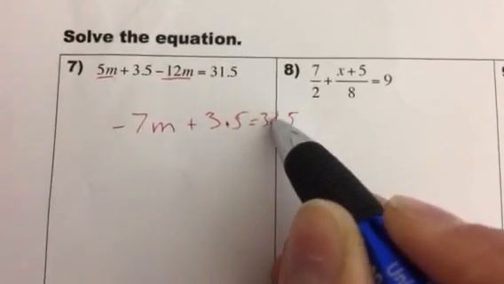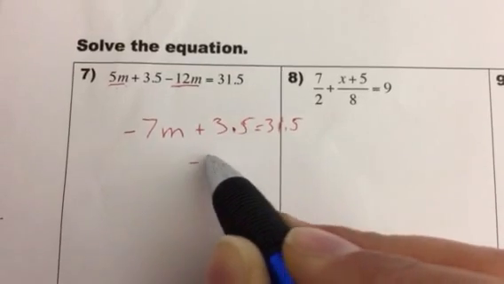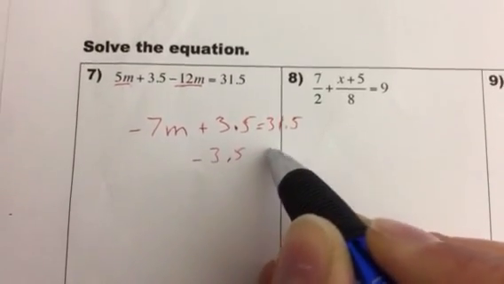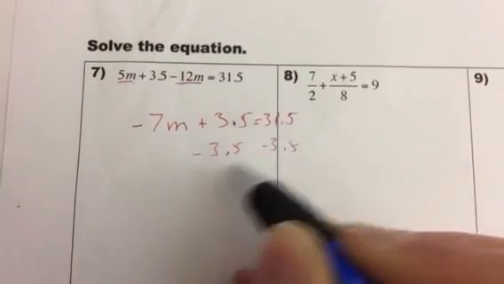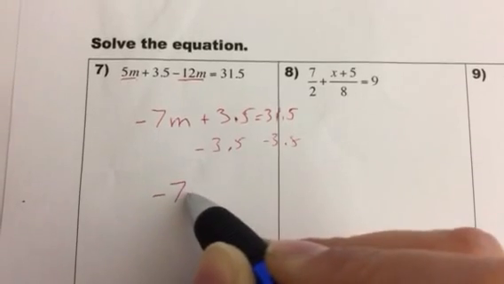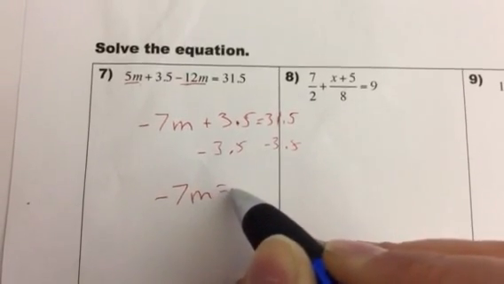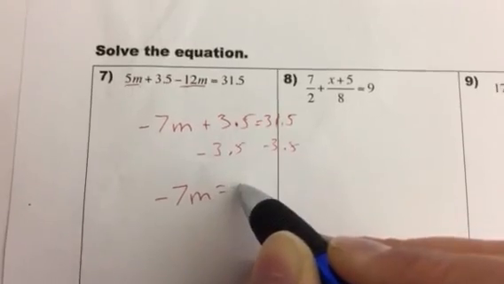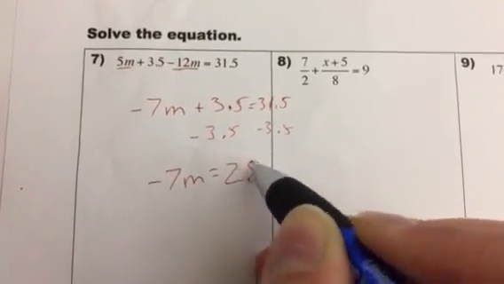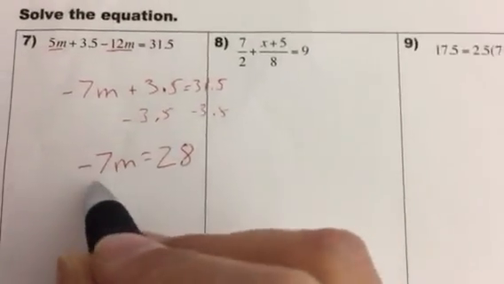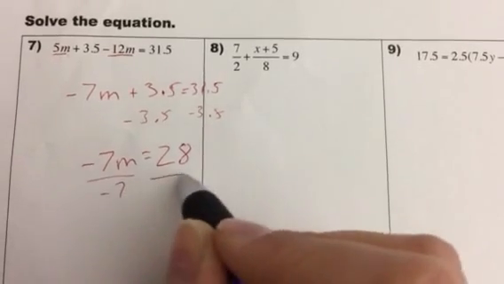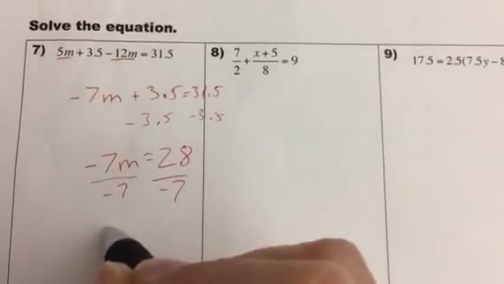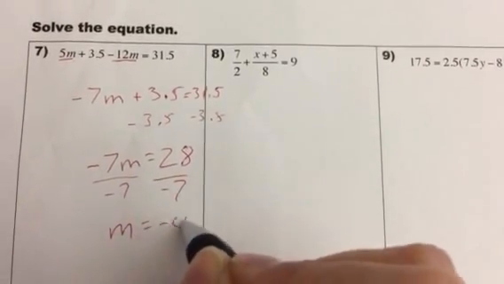I'm going to subtract 3.5 from both sides, and I'm going to get negative 7m is equal to 28. Okay, and then I'll divide both sides by negative 7, and I'll get that m is equal to negative 4.